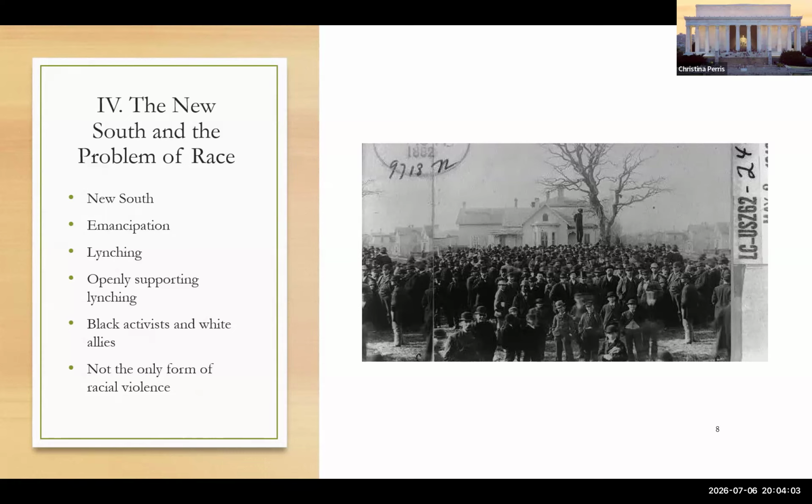Boosters campaigned for the construction of new hard surface roads as well, arguing that improved roads would further increase the flow of goods and people and entice northern businesses to relocate to the region.